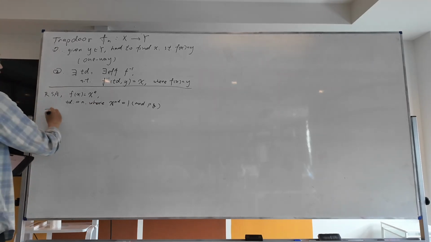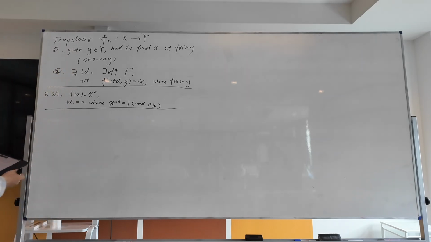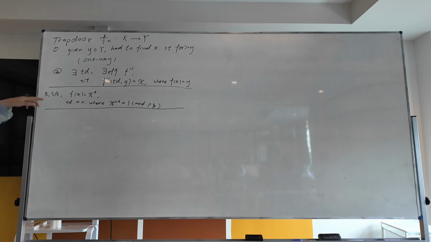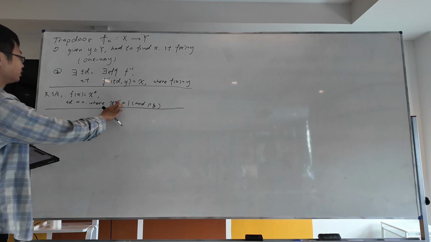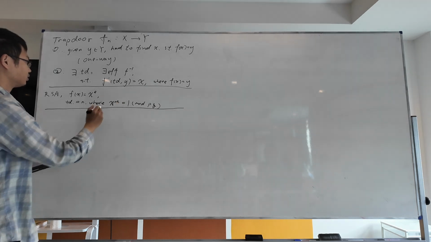And this trapdoor is defined based on a number theoretic assumption. Now we need a trapdoor that's from a lattice-based assumption. If you are not familiar with RSA, it's okay, just draw some connection here. The exponent of X should be E.